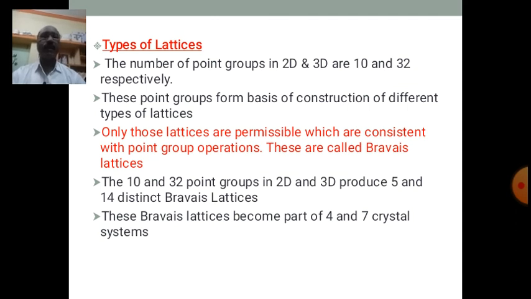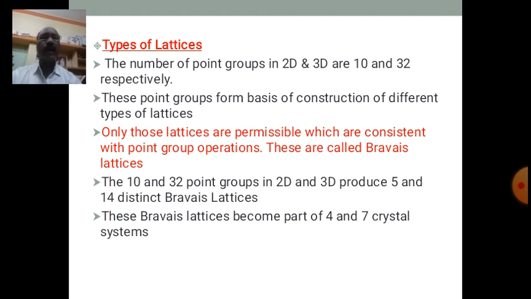The 10 and 32 point groups in 2 dimensions and 3 dimensions produce 5 and 14 distinct Bravais lattices. These Bravais lattices are classified into crystal systems.